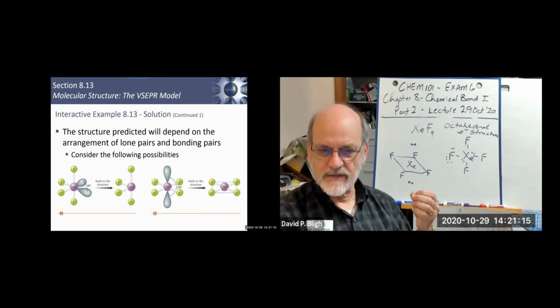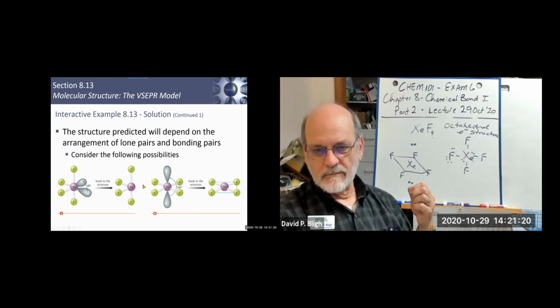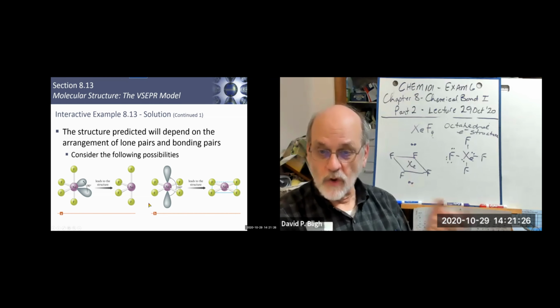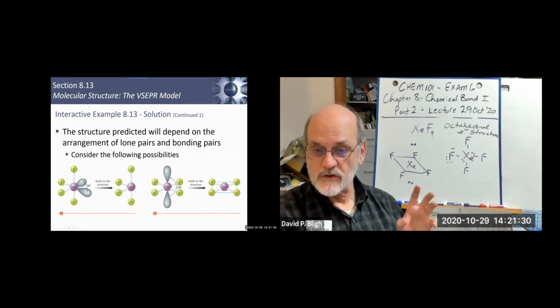I would predict that the dipole would be toward the lone pairs. But be that as it may, the difference between the two is one's polar and one's nonpolar. So all you have to do is determine which is which.